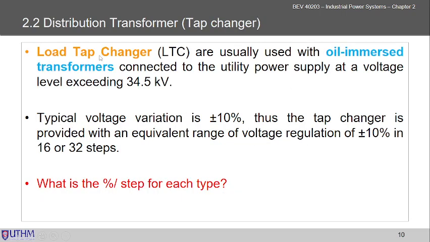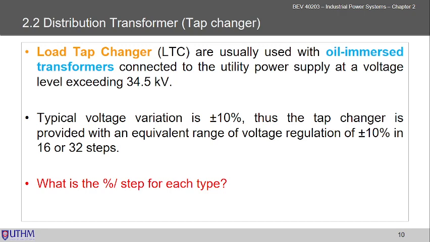And the load tap changer is normally used for oil-immersed types of transformer, and usually for this type of transformer the voltage is much higher. It is more than 34.5 kV. Even if you have 33 kV, it is the off-circuit type.